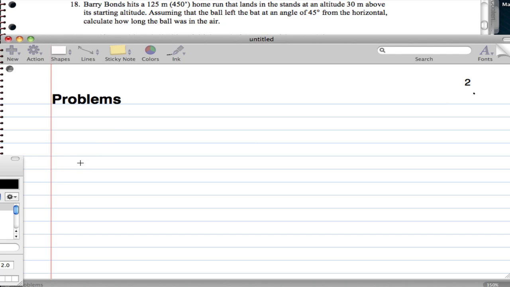So here we go. We start here, 125 meters. That's x. We have a height of 30 meters, and we fired at an angle of 45 degrees. Now we want to calculate how long the ball was in the air.